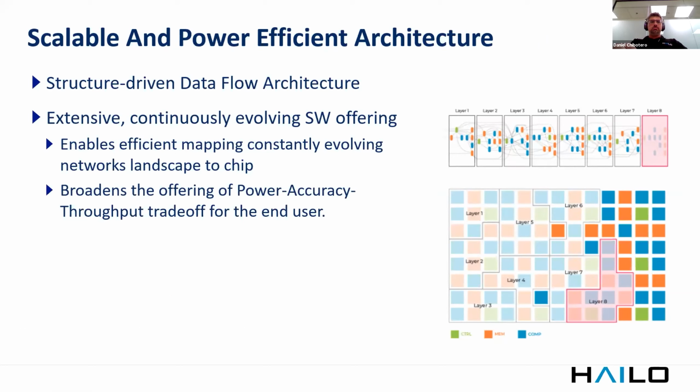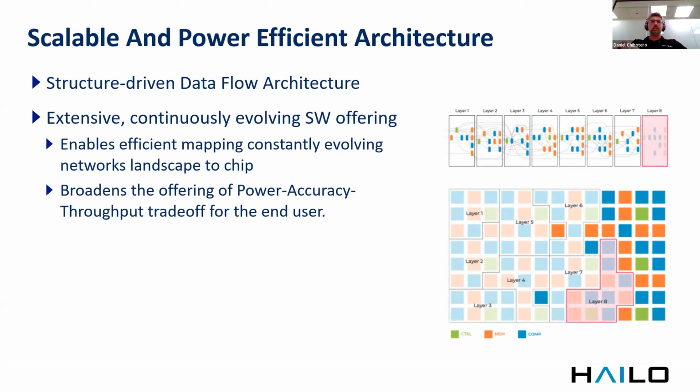Now I would like to highlight some of the advances we made in our software offering. The co-design of our hardware architecture and software allows the scalability and the power efficiency of the device across multiple workloads.